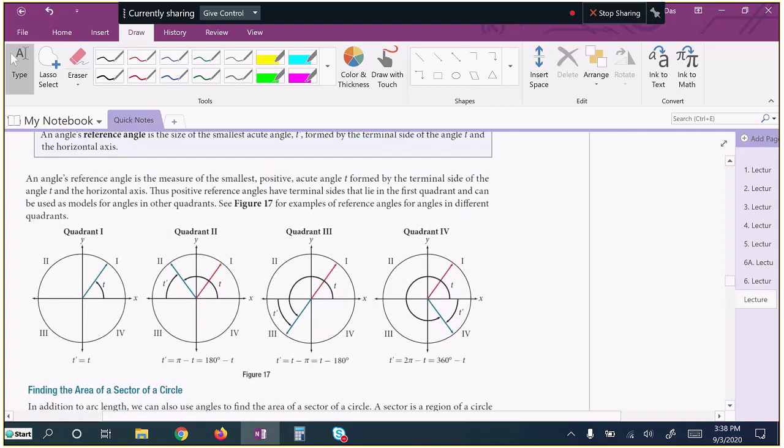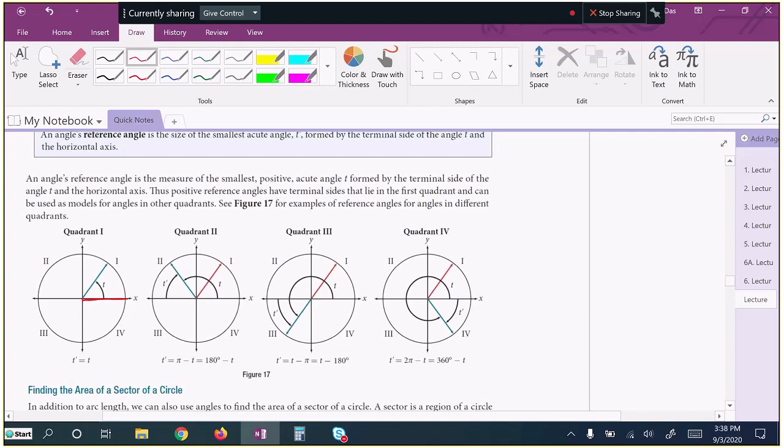So see, in the pictures, I have an angle in the first quadrant. So the terminal side is in the blue, and the angle between this terminal side and the nearest direction of x-axis is the positive direction of the x-axis. So the reference angle of the angle T is itself.